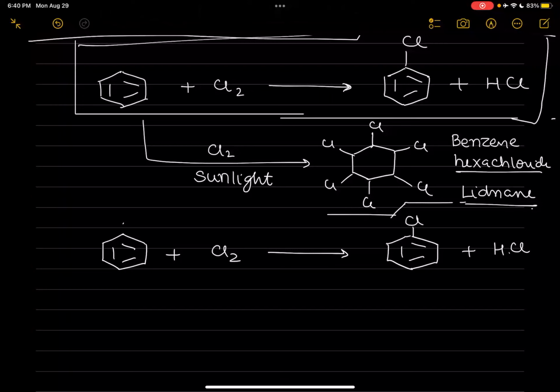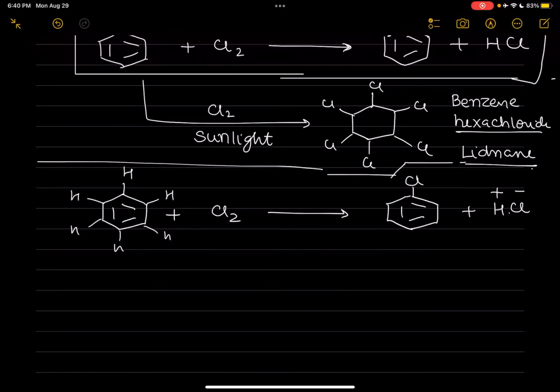Actually, you need to look more closely. Anushka, any idea what type of reaction? Is it a substitution reaction? Yes, it is a substitution reaction because H is displaced by Cl. So H plus is removed and Cl plus takes its place. So this is a substitution reaction.